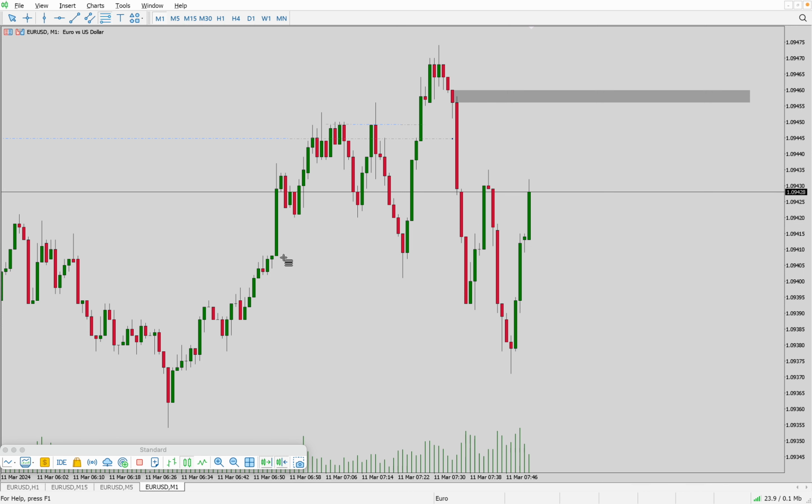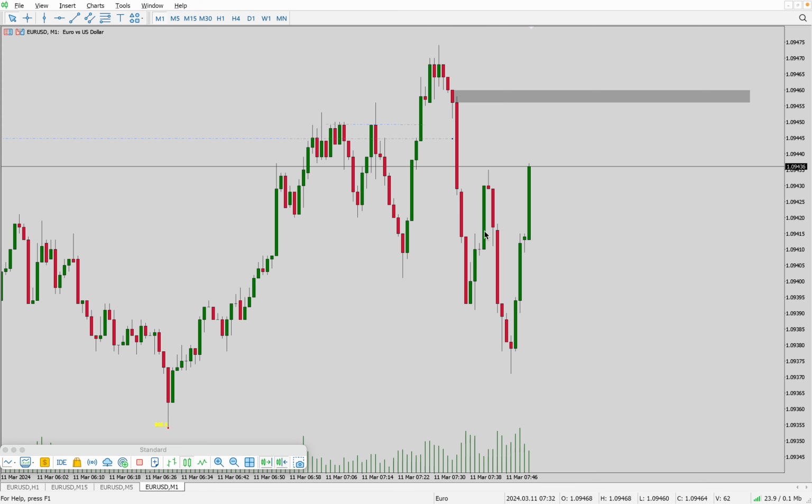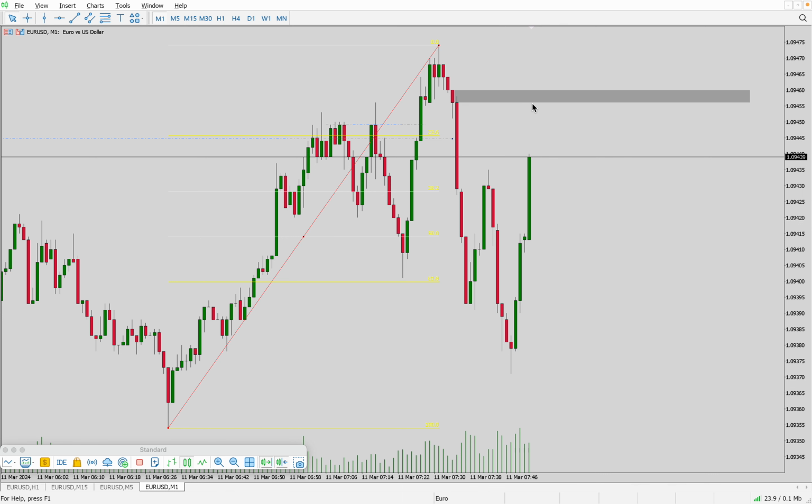So do me a favor, take the Fibonacci, use the old swing high, swing low. Don't use this one for now. I'm gonna use it. So price came into a discount. That's why we're seeing bullish action.